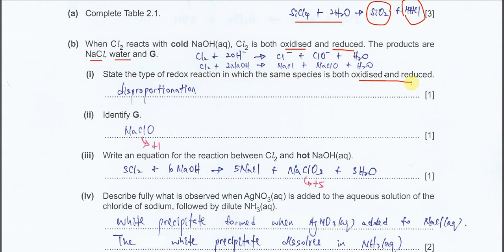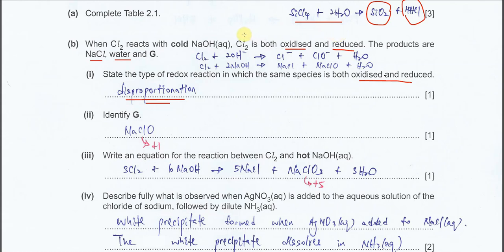So it's quite clear that the chlorine now undergoes a disproportionation reaction. Why? Because the chlorine's oxidation number is both increased and decreased.